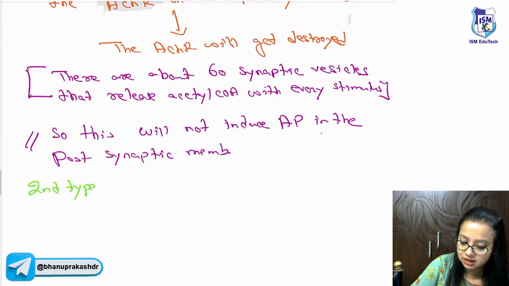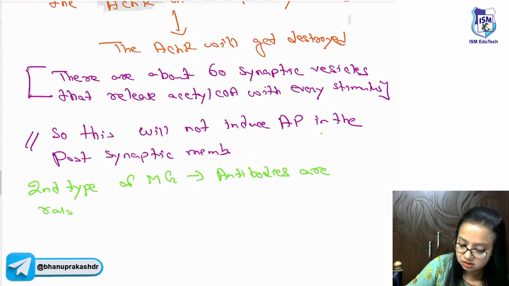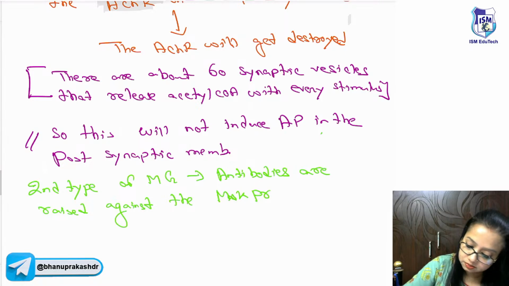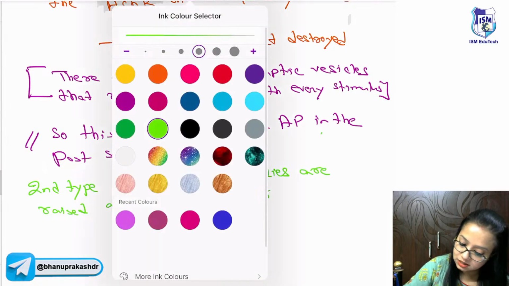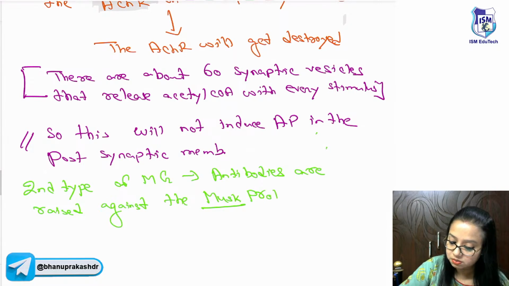In the second type of myasthenia gravis, antibodies are raised against the MuSK protein, that is muscle specific kinase.